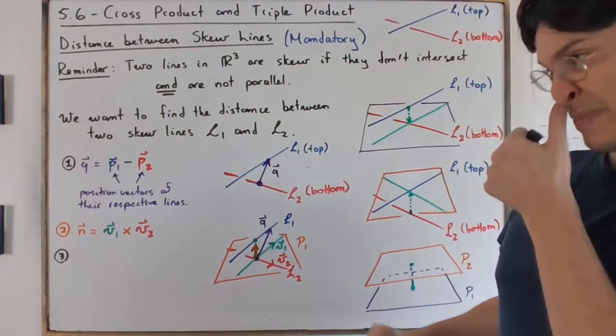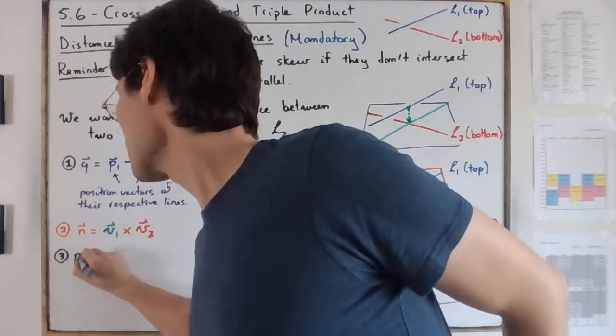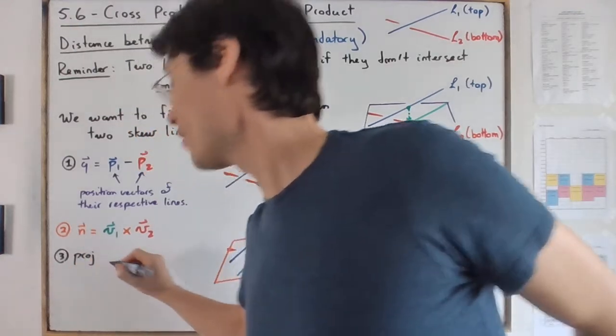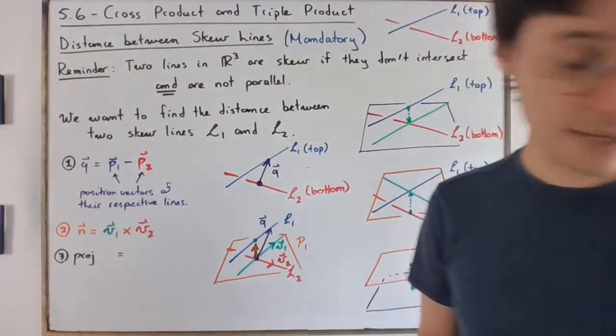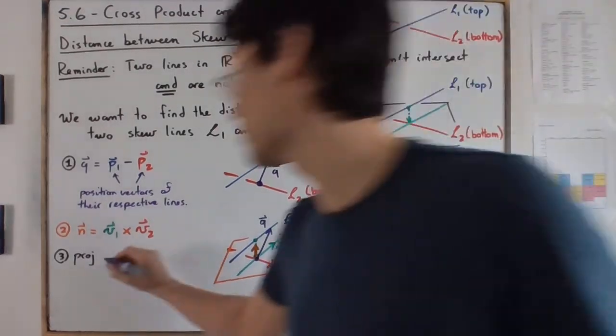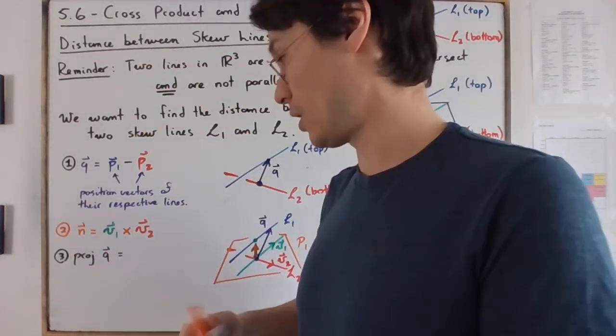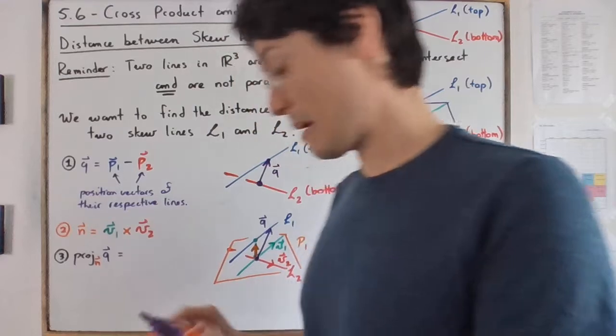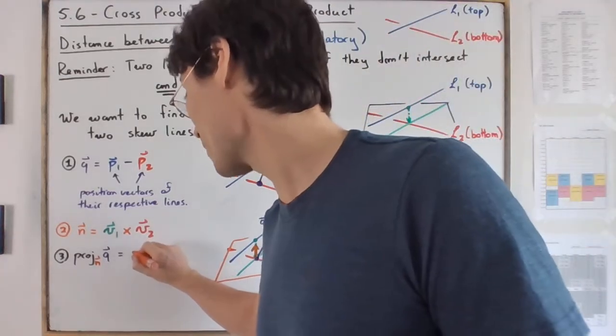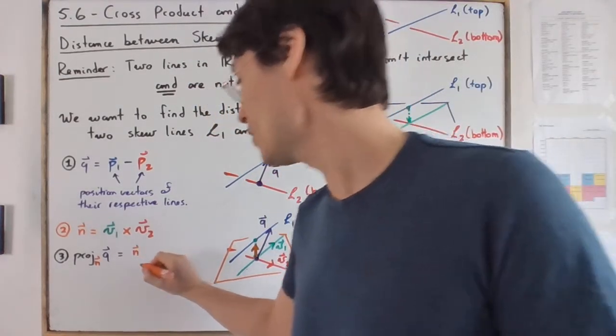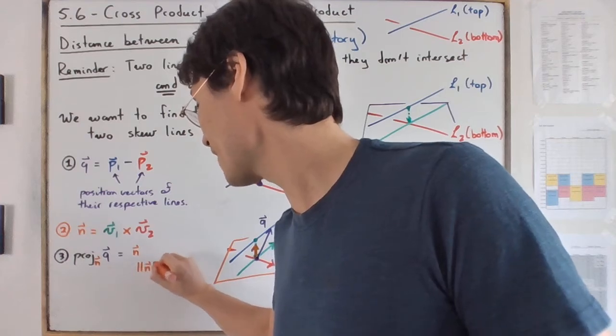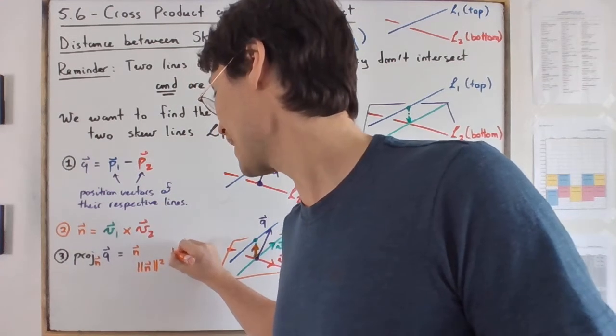We want to compute the projection of Q on N. This is the formula: remember that this is the dot product of N and Q divided by the norm of N squared, multiplied with N.